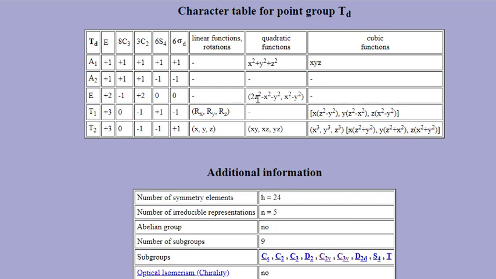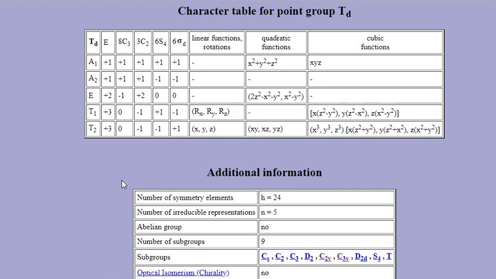So this right here is the character table for a Td point group, and you'll see those symmetry elements, and in this case here you'll see that the coefficients are actually greater than 1 in some cases.